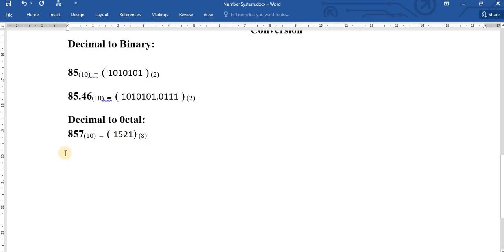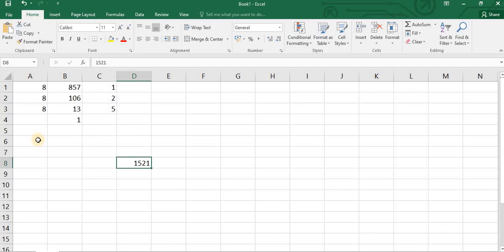Okay, what will happen if you have a number in decimal form? So in this case, suppose you have this number, 857.75. Okay, this is your decimal number. So 857 will be converted into octal number. You will get 1531. Okay, but how can we convert the fractional part? So it is simple process. You have to multiply it by 8 in decimal part. Let's say you have a number 0.75.